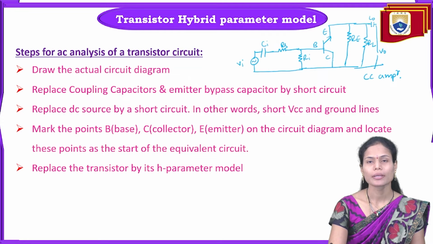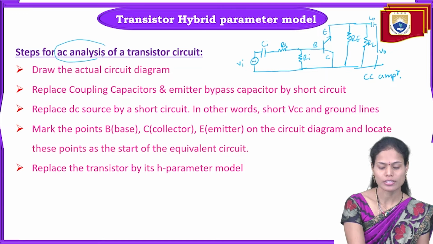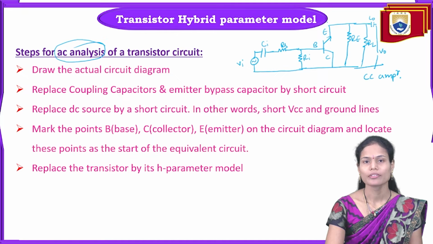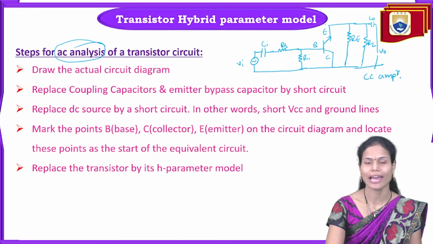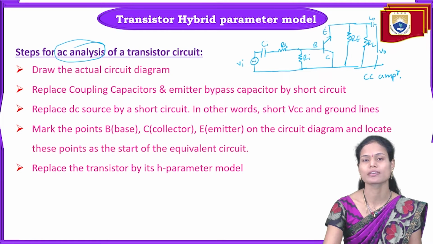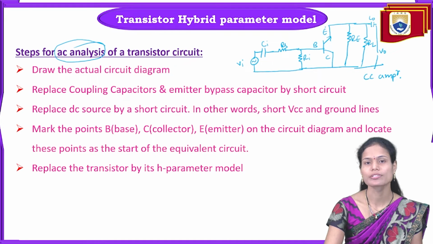And next, replace coupling capacitors as well as emitter bypass capacitor by short circuit. Since we are moving for the AC analysis here, the frequency is low. Whenever the frequency is low, the capacitor acts like a short circuit. Why does it act like a short circuit for low frequencies? Because for low frequencies the reactance of the capacitor is very high.